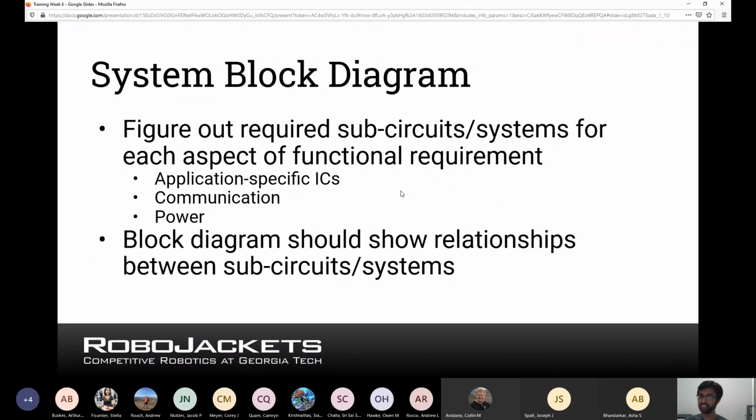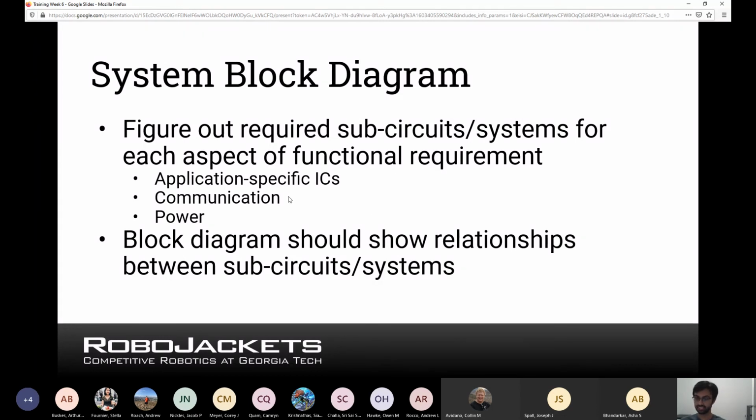So once you have a good idea of what you want to do in the end, you want to choose all the different subcircuits or subsystems in your circuit design and think about how each subcircuit should solve one different aspect of your functional requirement. If you have a particular IC that you need to use, you're going to need to make a subcircuit which supports that IC.